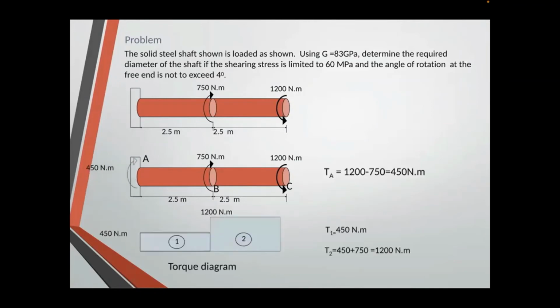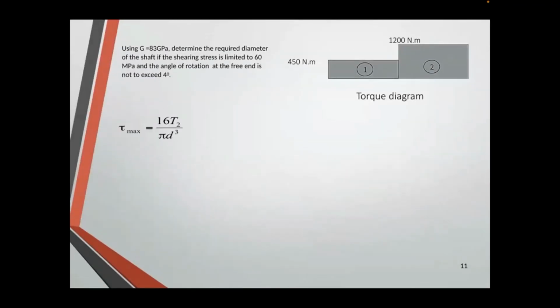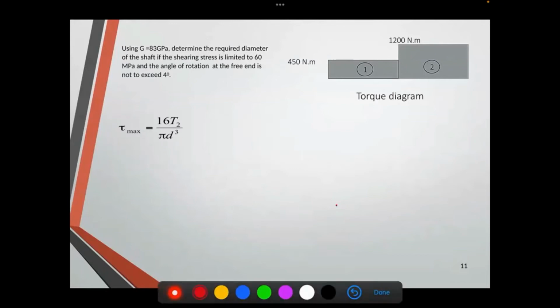So in solving for your maximum shear, you may just solve it once. Normally, you would solve it twice: the shear in AB, and the shear in BC.